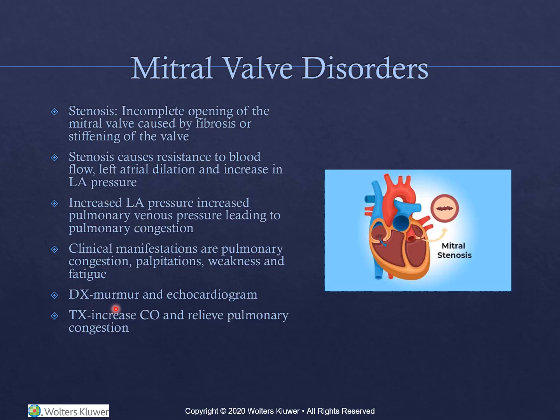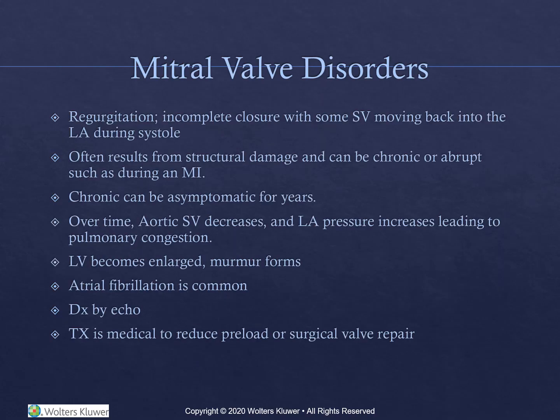And if someone's symptomatic or presents with a murmur, we would definitively diagnose this on echocardiogram. Treatment is focused on things that can help to reduce maybe cardiac output and overall relieve that pulmonary congestion. So we want to try to increase that forward flow of blood to reduce the pressure on the lungs themselves.